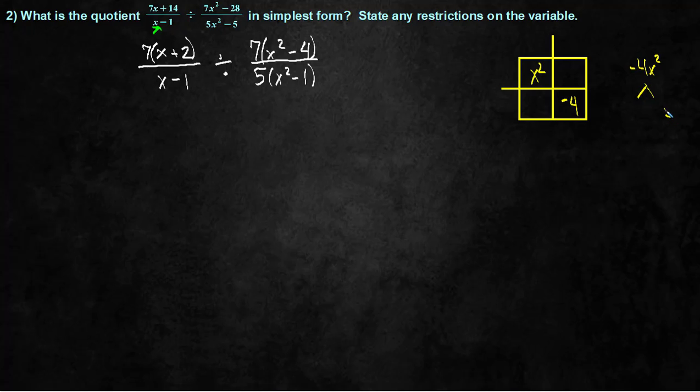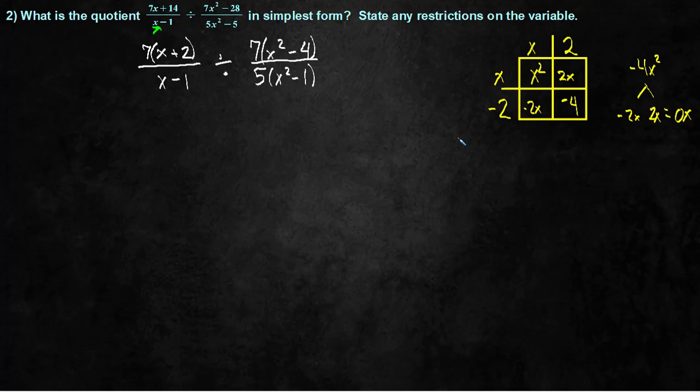What things will multiply to give me -4x squared that will add to give me 0x, because that middle term is gone? That would be the -2x and +2x. And so we fill those in. Looking at that first column, I can factor an x out of both pieces. Second column, I can factor a 2 out of both pieces. First row, an x out of both pieces. Second row, a -2 out of both pieces.